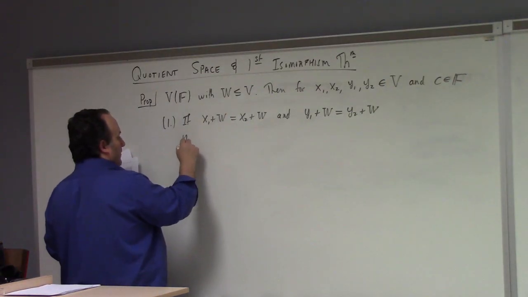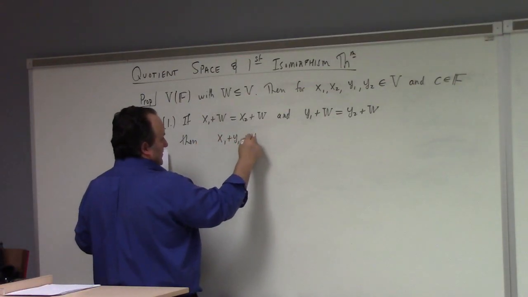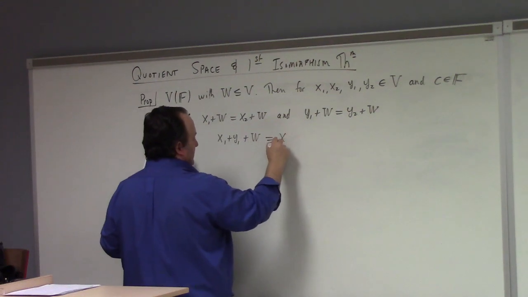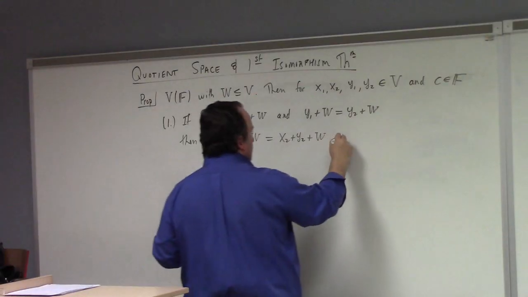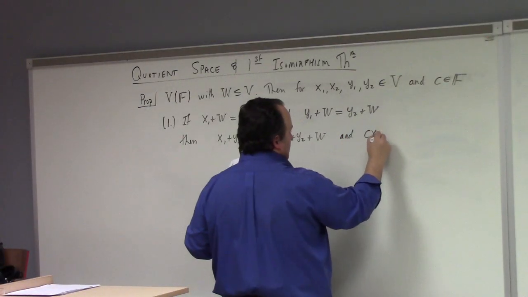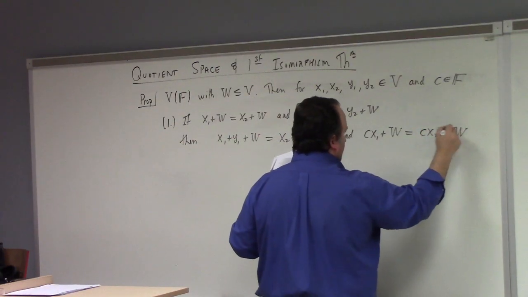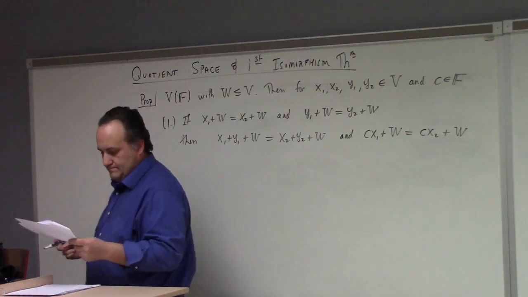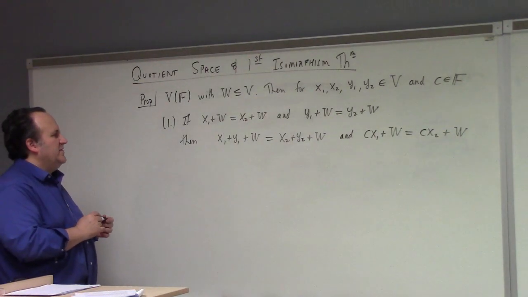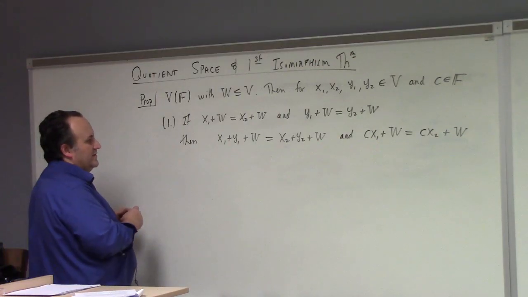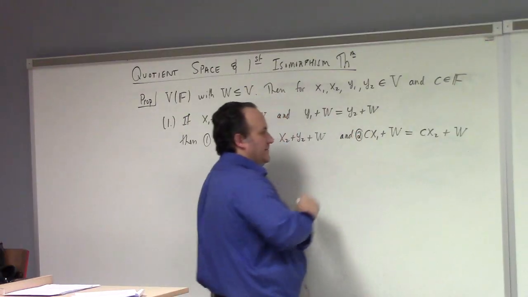Then here's the deal. x1 plus y1 plus W is equal to x2 plus y2 plus W, and cx1 plus W is equal to cx2 plus W. Let me put this into words. I guess this was the 1 and this was the 2. All right, fine.